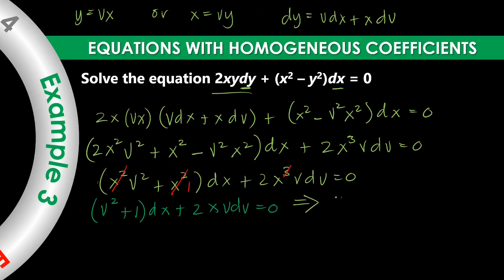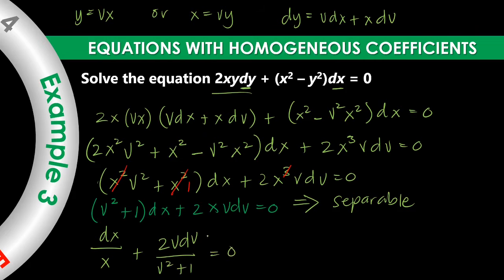So this is now separable. Okay, and we can now separate the variables: dx over x, and then plus 2v dv over v squared plus 1 equals 0.